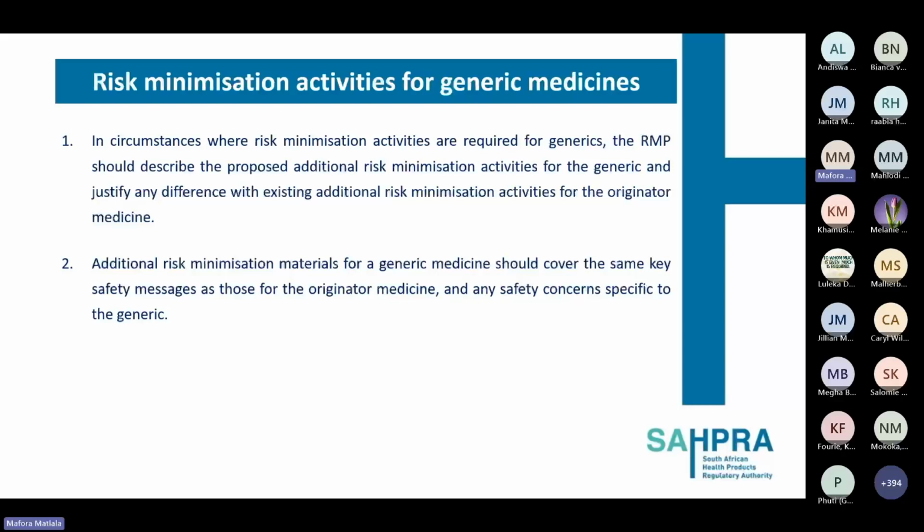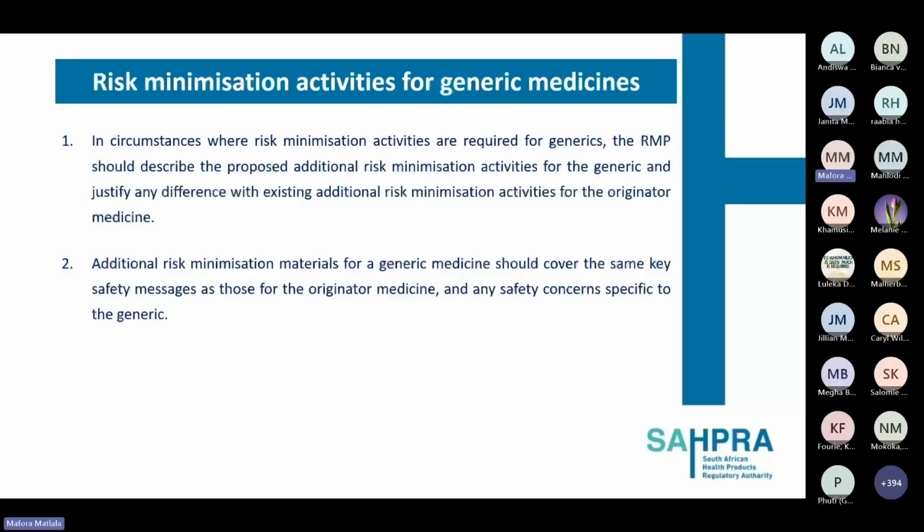So earlier on, I indicated that in an instance where you anticipate that a generic medicine would pose more medication error issues or misuse, then you need to submit an RMP.